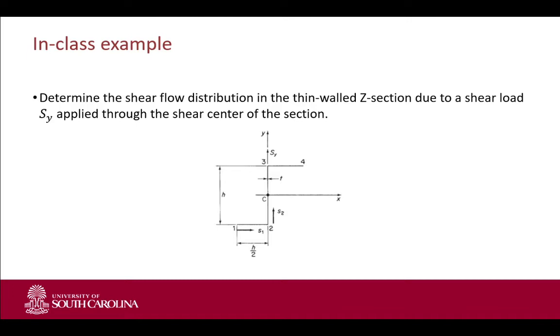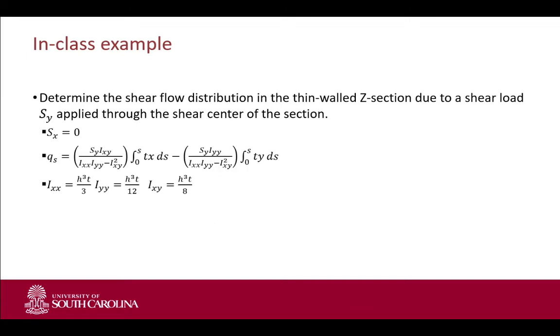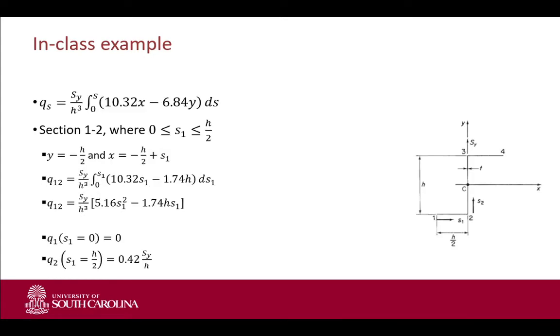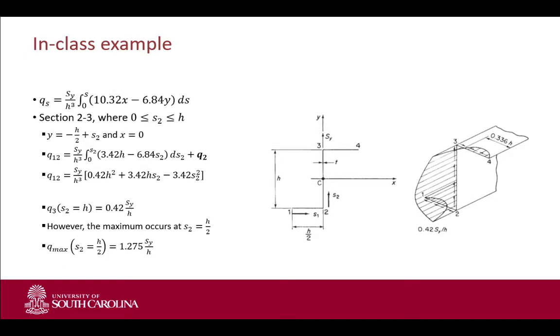Because of that, we have to define x as a function of s. In that case, we can easily define it as minus h over 2 plus s1, where s1 goes from 0 to h over 2. You can do that for all the different segments. Then you can fill in the equations, do the integral, and get a formula as a function of s, and then evaluate it at locations 1, 2, 3, and 4. So that was for open sections. And then, of course, you can plot it as well.